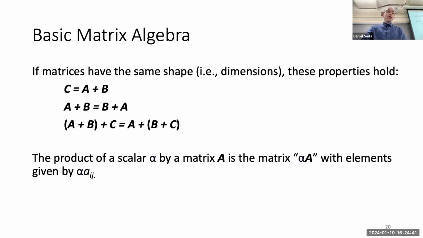And if we have a scalar like alpha, then the matrix alpha times A is the same as the matrix A, but with every single item in it multiplied by that same scalar.